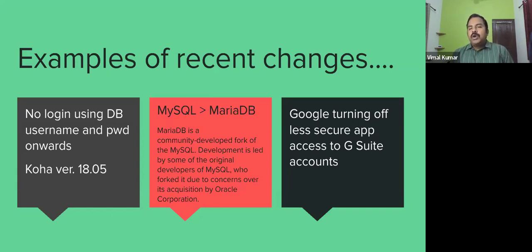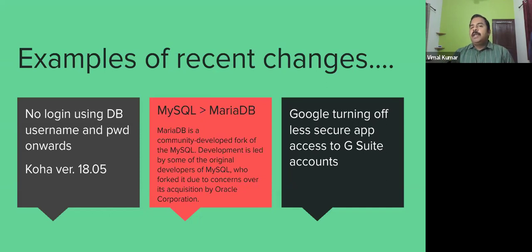Then, Google turned off less secure app access. Earlier, Gmail was connected to Koha to send emails. We could add the username and password of a Google account to send emails, but they turned off that feature and introduced another feature, two-step verification.